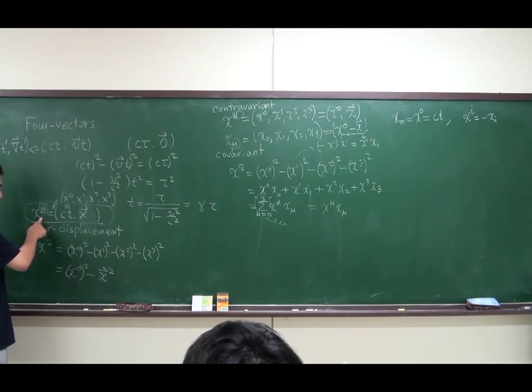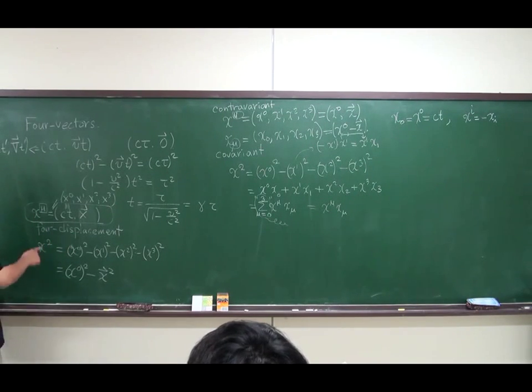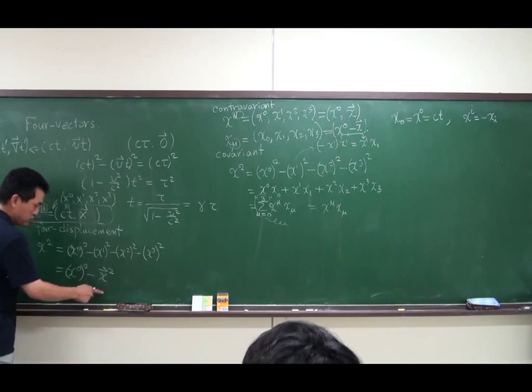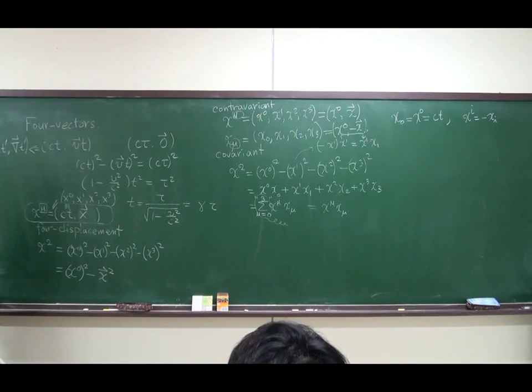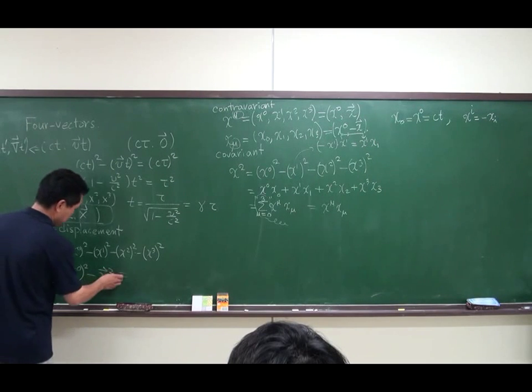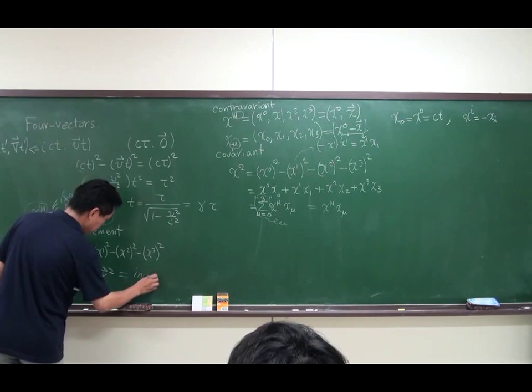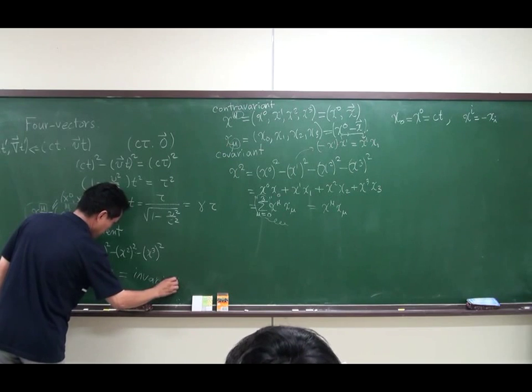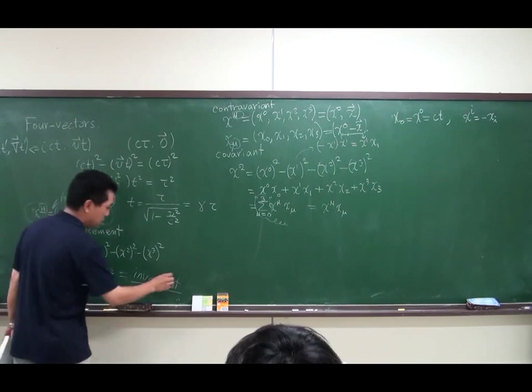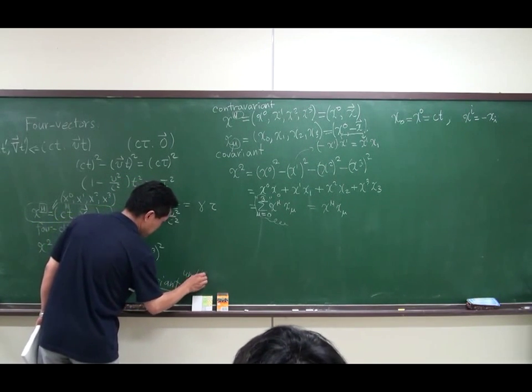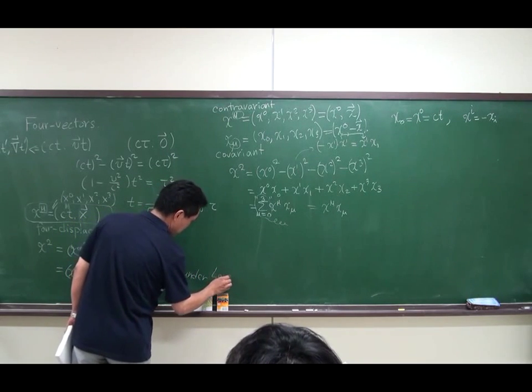And the characteristic of this 4 displacement 4 vector was that its square value was invariant under Lorentz transformation.